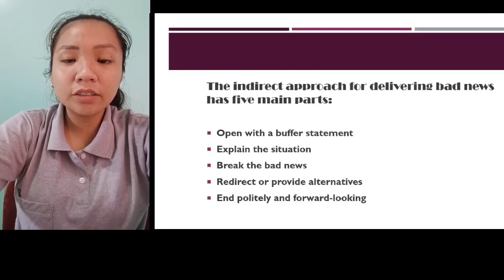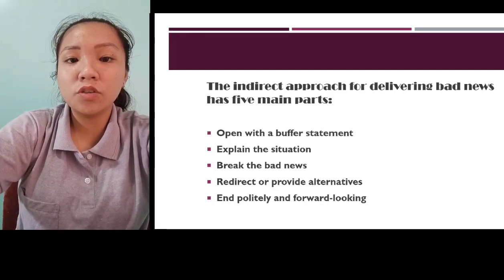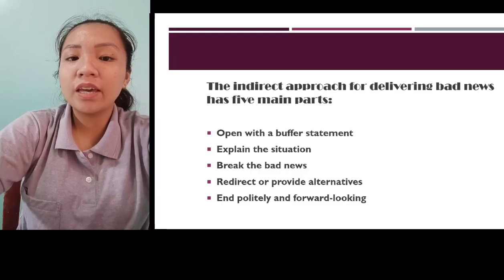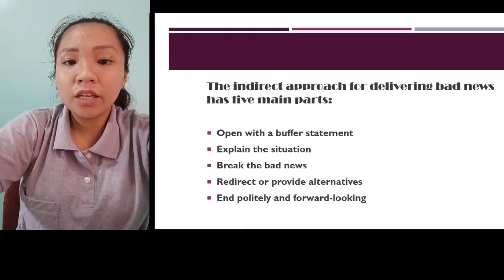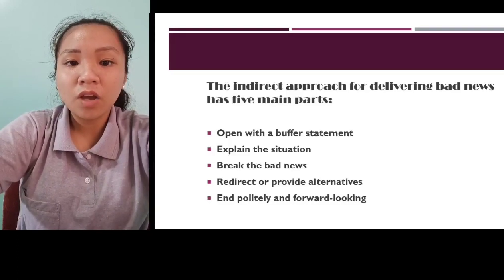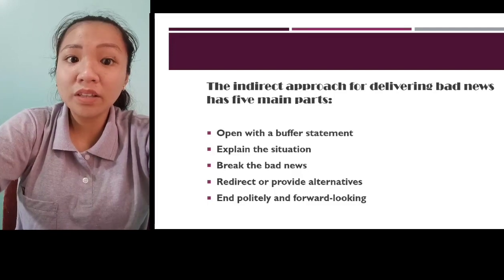Third is break the bad news. The third part of the negative news message involves the bad news itself, and the emphasis here is on clarity and accuracy. While you want to break the bad news clearly, try not to spotlight it.